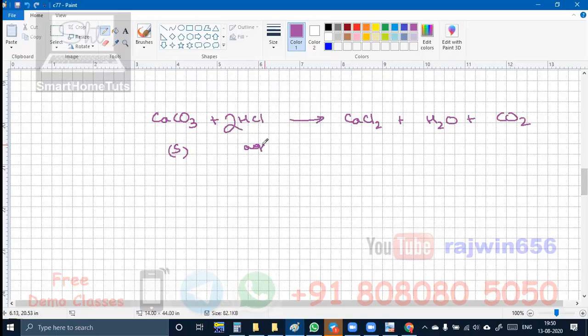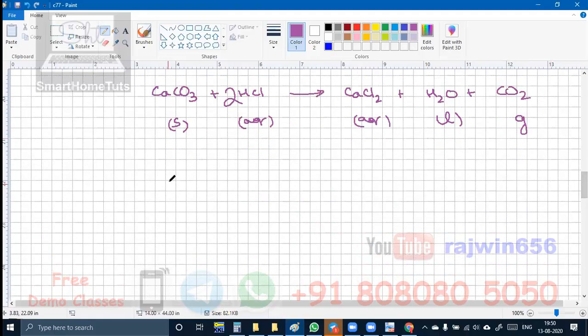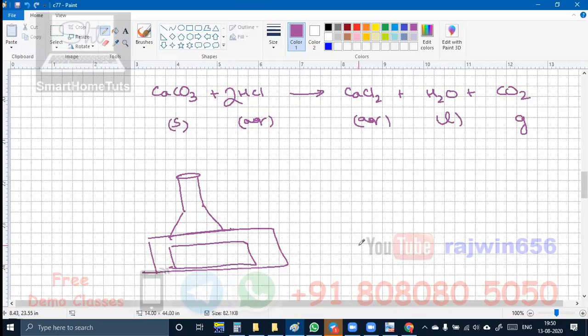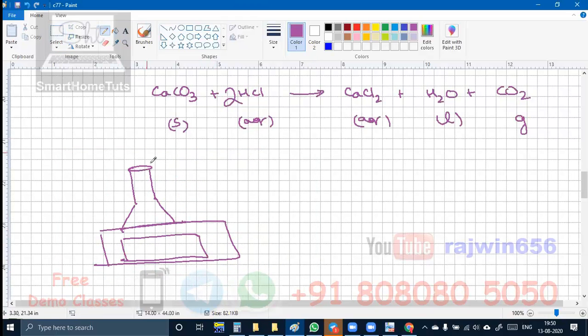This is aqueous. This is a liquid, and this is a gas. Suppose I'm taking this kind of arrangement of the apparatus, and here we have an electronic balance which is constantly measuring the total mass. Now here I have put calcium carbonate and HCl.